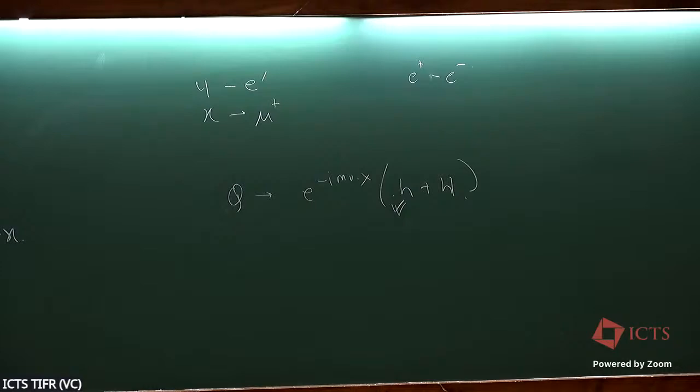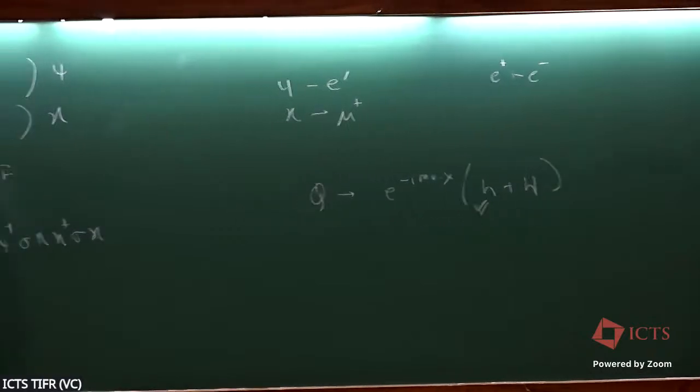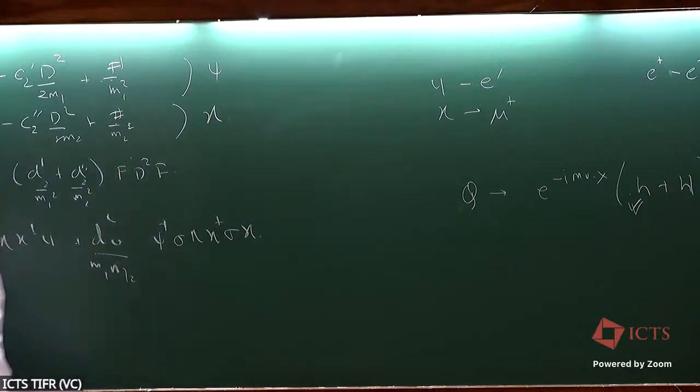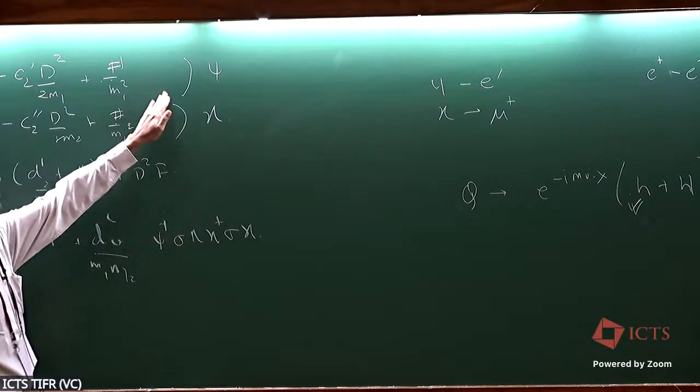So as you can see, terms will be in higher powers of 1 upon m. There will be terms which have 1 upon m1 squared, 1 upon m2 squared, which will come in. And I've not written all the 1 upon m squared terms.